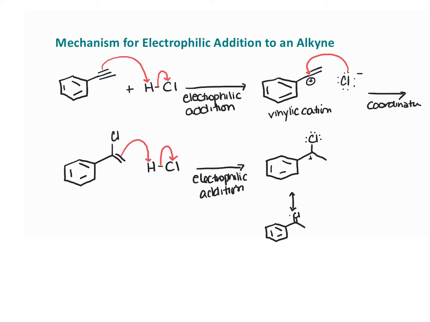It would look like that. So there's resonance stability there. That's a very stable carbocation. It's not a resonance structure that's necessarily intrinsic, so I do like to point that out, but that is a resonance stabilized carbocation.